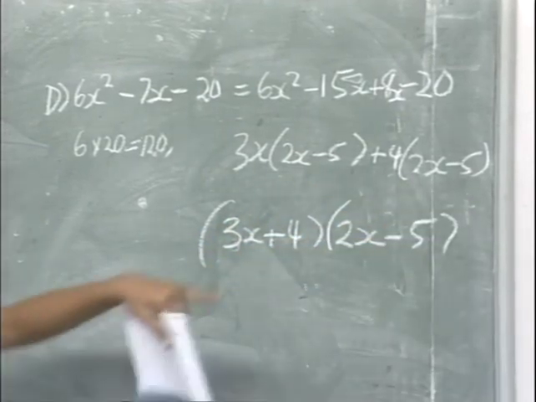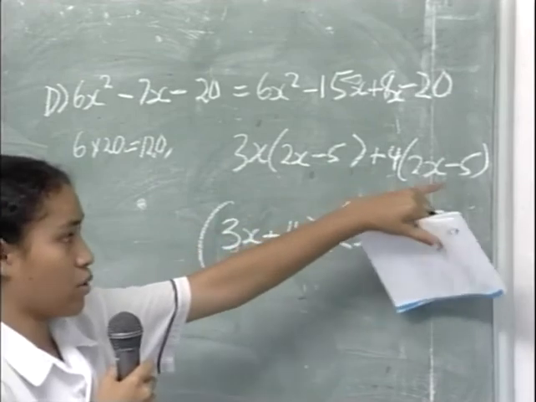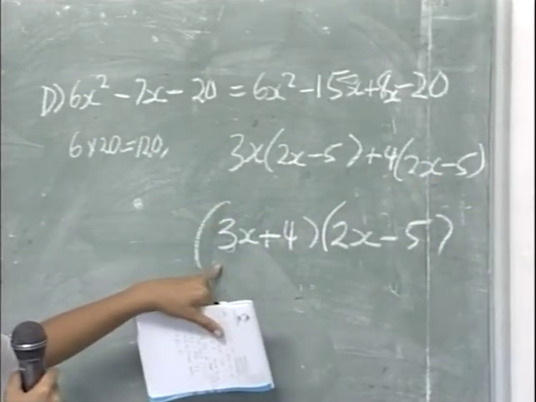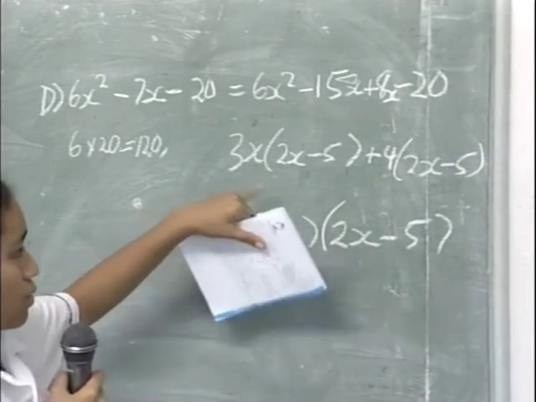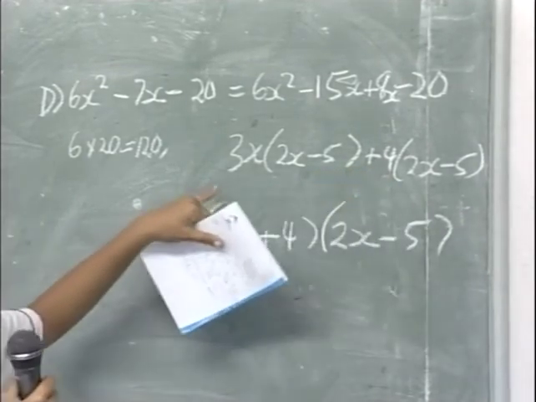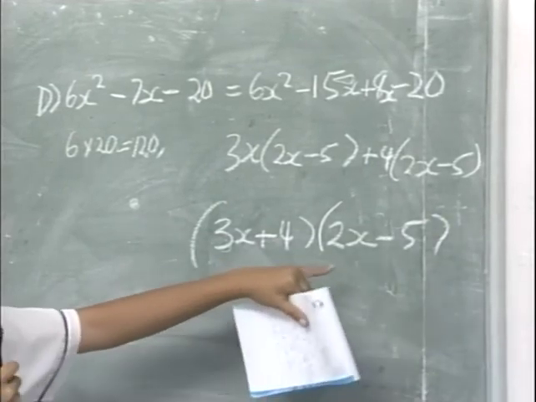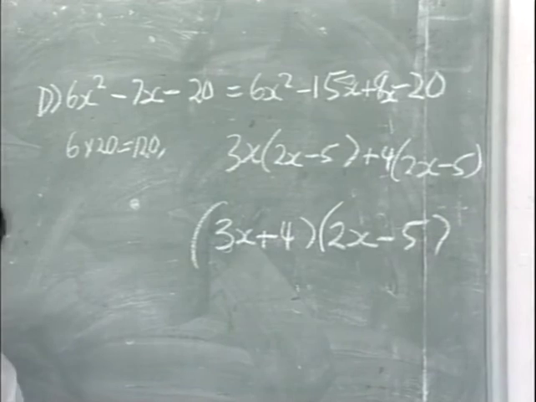As you can see, these two brackets are the same. So we put together what's outside the brackets: 3x plus 4 in one bracket multiplied by 2x minus 5 in the other bracket.